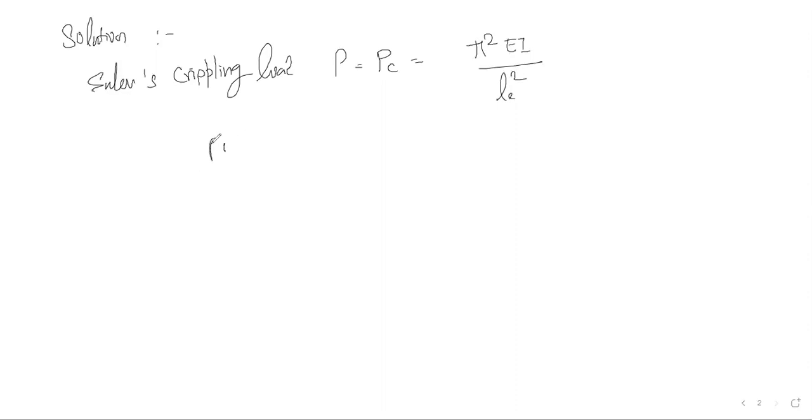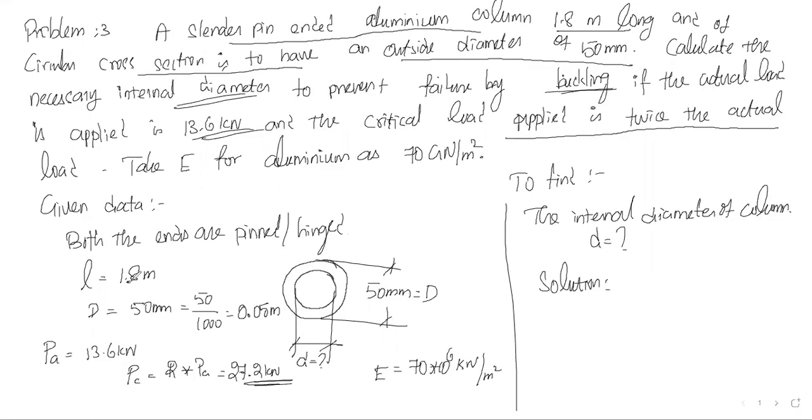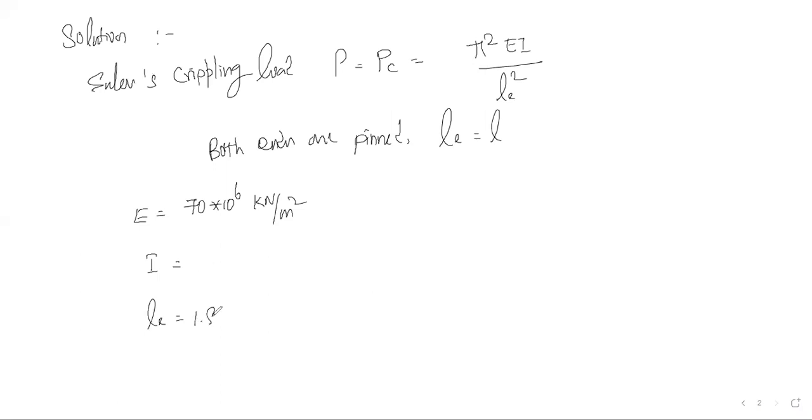Both ends are hinged, both the ends are pinned, so LE becomes L. Now E value they have given, that is 70 into 10 to the power 6 kilonewton per meter square. I value we have to calculate, and the LE value. What is the L value they have given? 1.8 meter. The same we are going to take. So LE is equal to 1.8 meter.